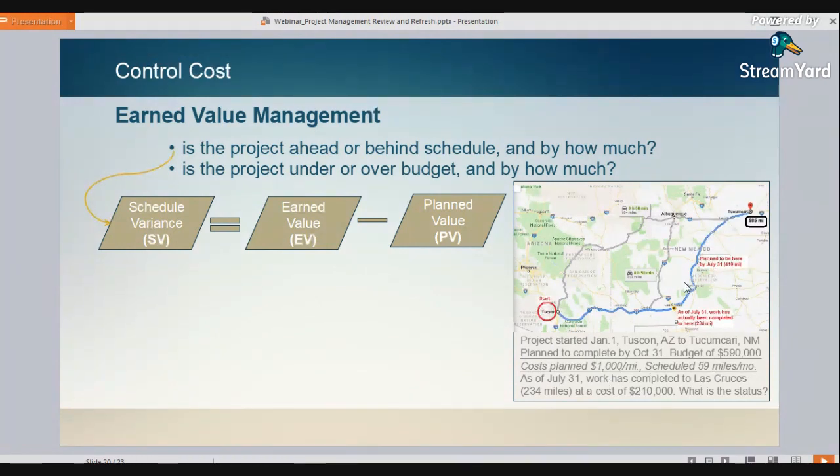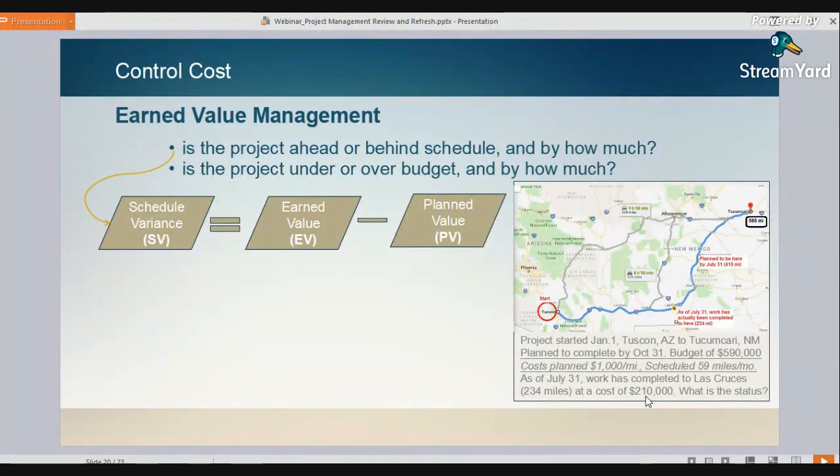Now, we look right up here where this arrow is. We planned to be here by July 31st. We had planned to complete 410 miles worth of road work by July 31st. But as of July 31st, work is completed to Las Cruces. That's where that little yellow mark is. As of July 31st, the work has actually been completed to here, 234 miles at a cost of $210,000.